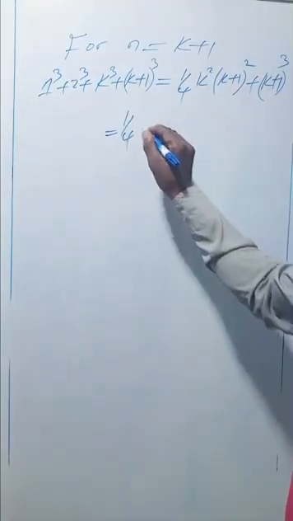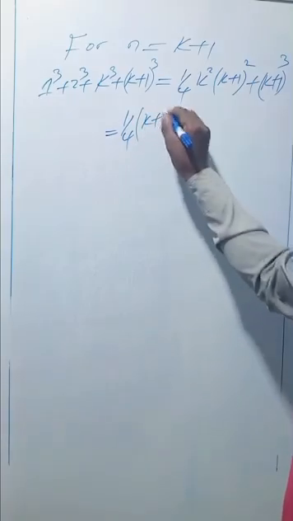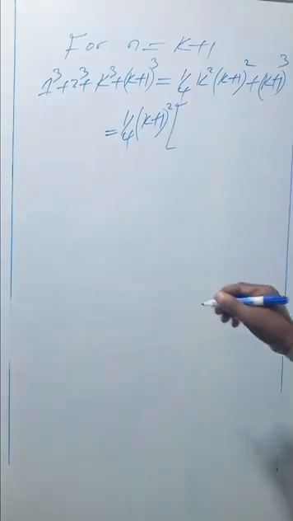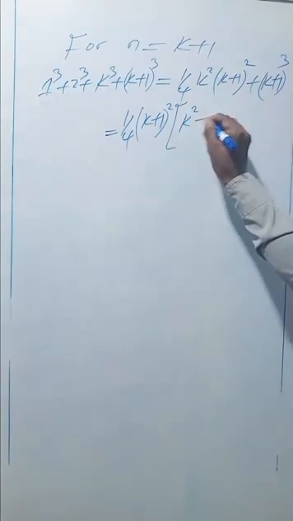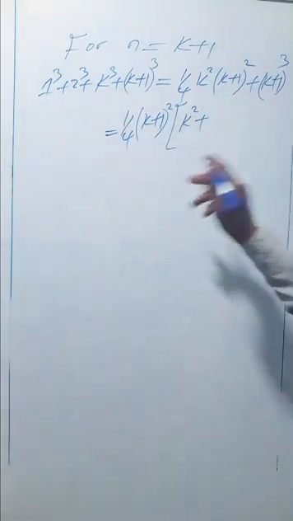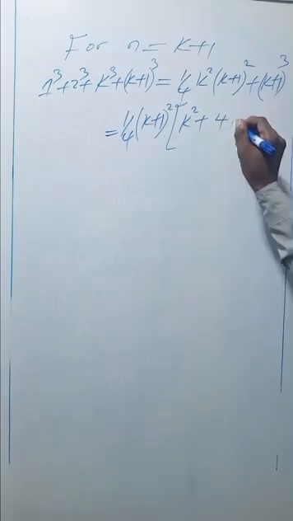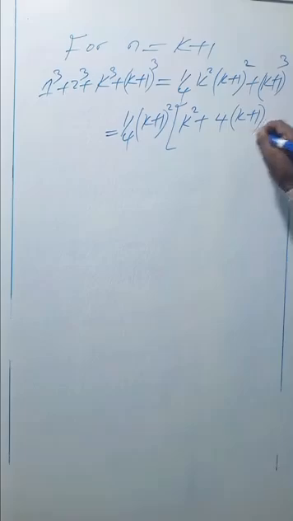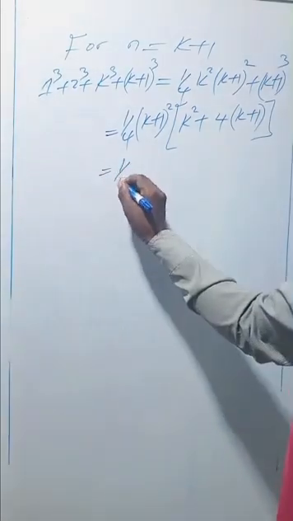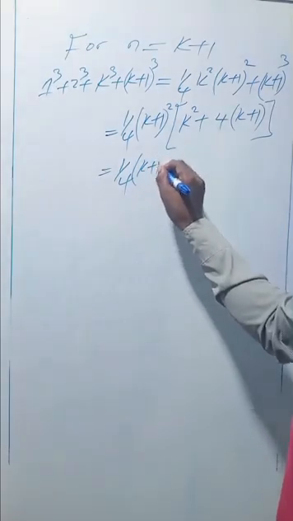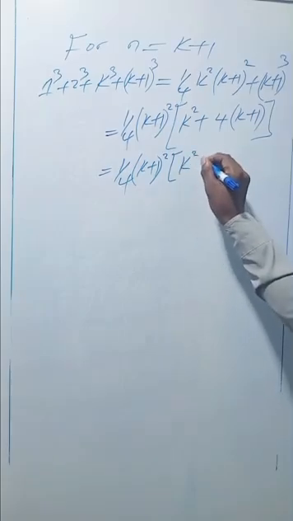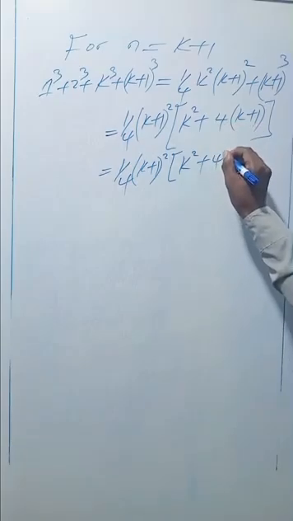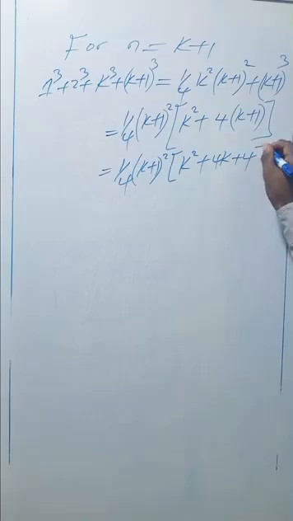It is 1 over 4 into bracket k plus 1 squared. If you do that, here we shall remain with k squared, then plus, remember we're taking outside 1 over 4, so this new term will be 4 times k plus 1. This equals 1 over 4, k plus 1 squared into bracket, this is k squared, this is 4k, then plus 4.